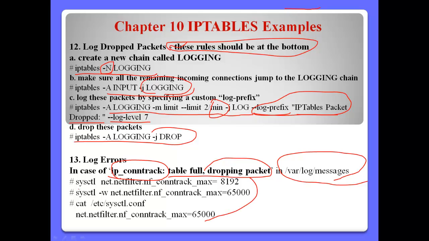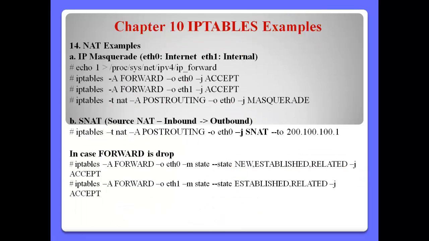So using sysctl or sysctl -w, you can extend the connection tracking maximum like this. Or if you want to check the maximum connection tracking rule, in /etc/sysctl.conf you can change the exact numbers.